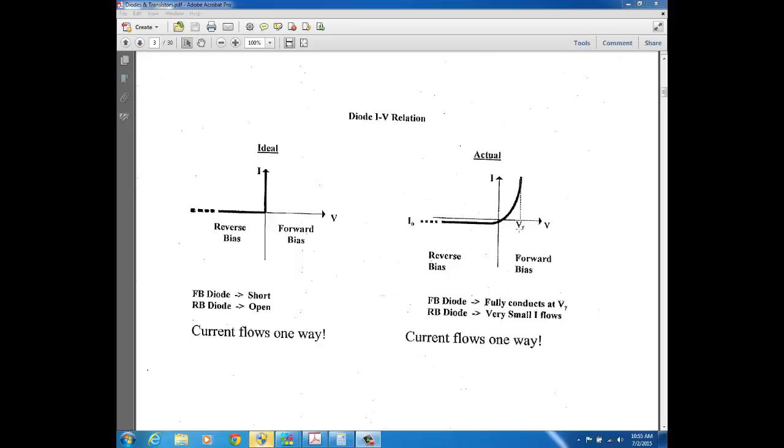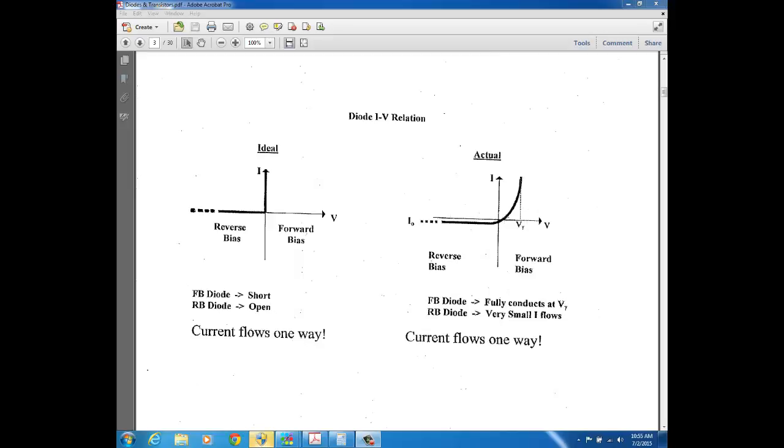We think of it as, once we have that barrier overcome at the junction, the diode has turned on, so to speak. And that just means that now current's going to flow through only impeded by resistance in the path of the diode, that the barrier is no longer providing a hurdle for current to flow through the diode.